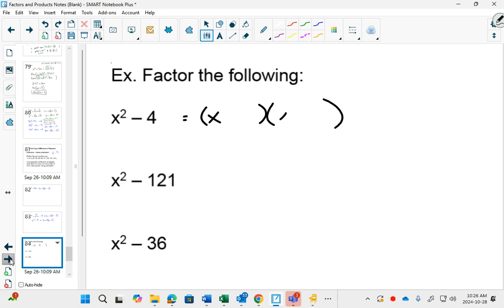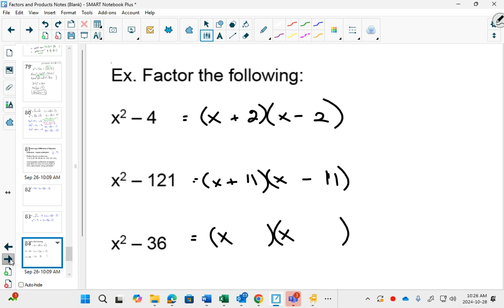First one, x and x. Last one's a 4, 2 and 2. One plus, one minus. Next one, x and x. Last one, 11 times 11, one plus, one minus. Doesn't matter if you put the plus first or the minus first. Next, x and x, 6 and 6, one plus, one minus.